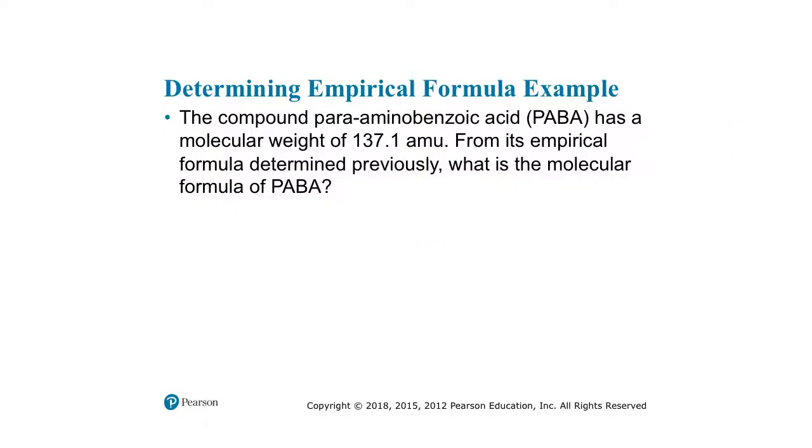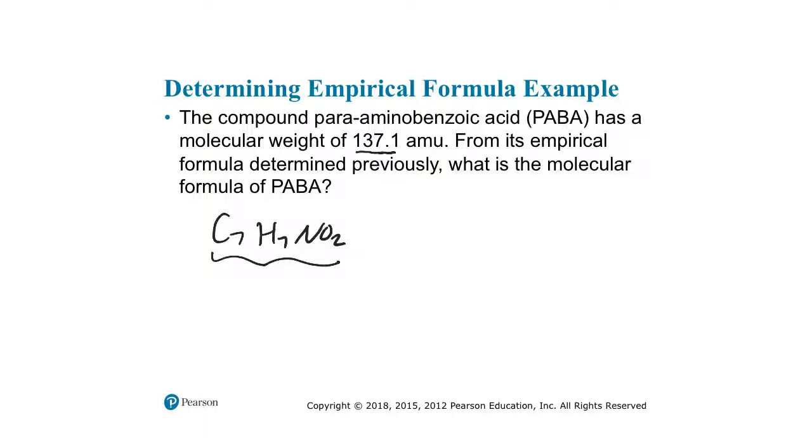Okay, so let's say that this compound, which we just determined was C7H7NO2, has a molecular weight of 137.1 AMU. From the empirical formula, now, what is the molecular formula? Well, what we'd want to do is just add up our mass here: 12.01 times 7 plus 7 times 1.008 plus 14.01 plus 16 times 2.